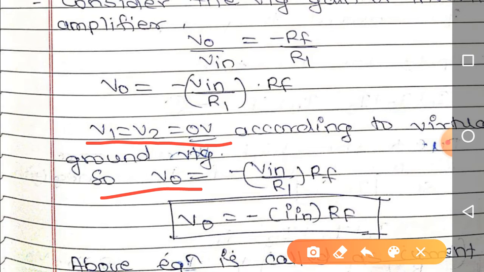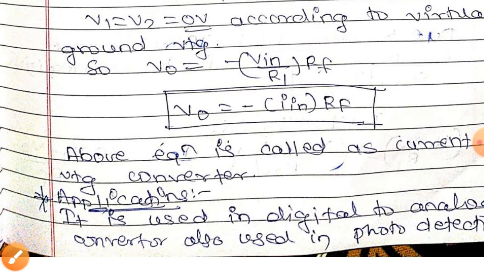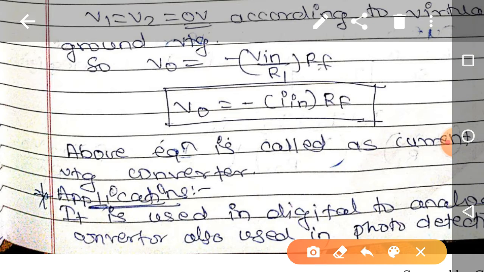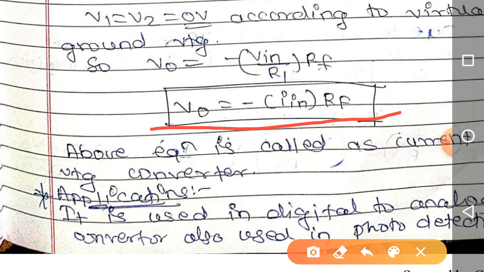So we can say that according to Ohm's law, V0 is equal to minus I in dot RF. From the above equation, it is called the current to voltage converter.